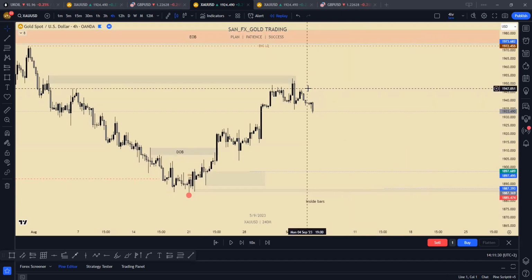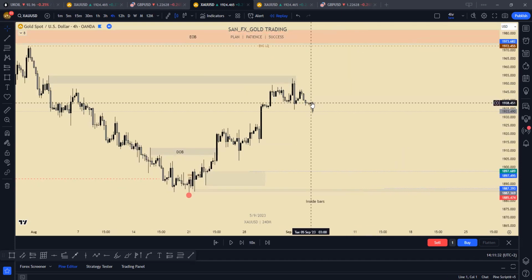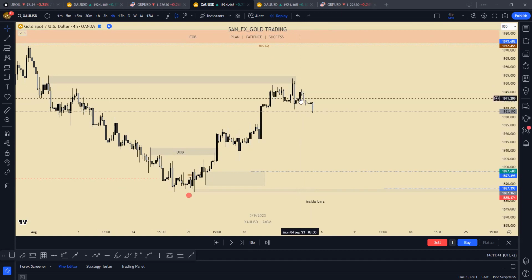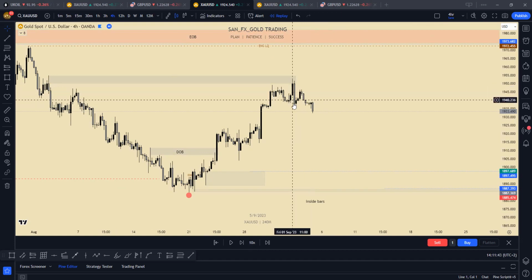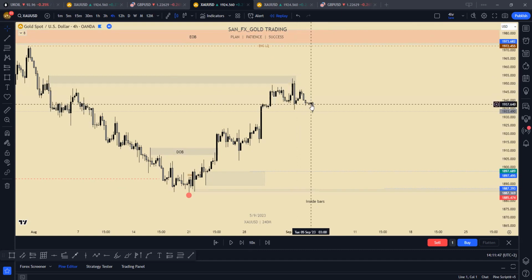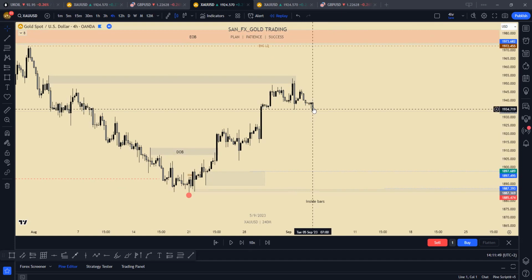As you can see, those candles are inside bars because this is an internal movement between this huge candle's low and high. This gray bearish candle broke the low.